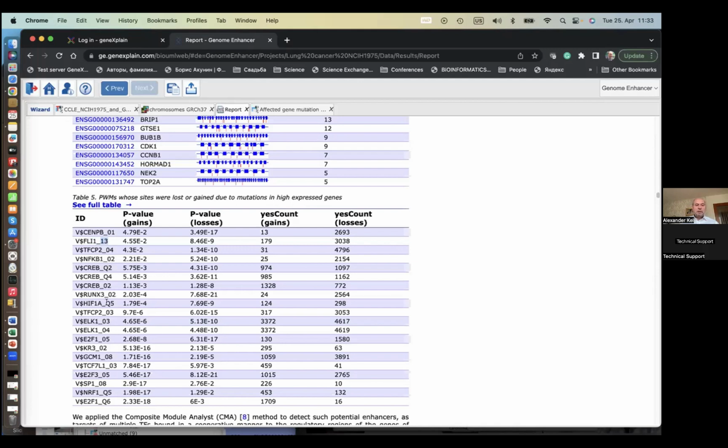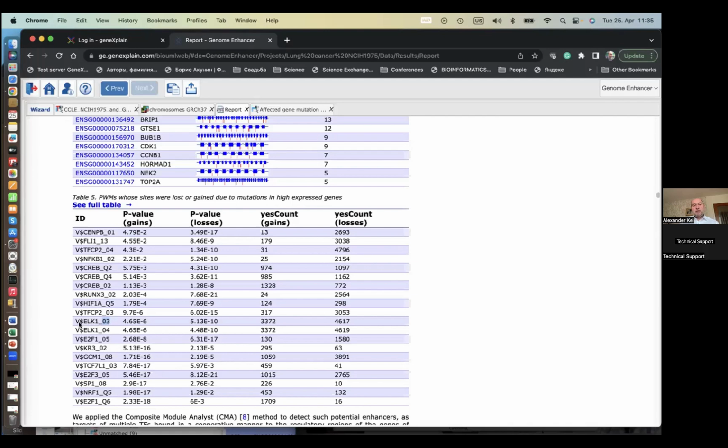Sometimes it has a bit more information, like Q5 means this matrix was constructed by our team, and the construction of that matrix was based on binding sites with quality better than quality 5, which means more or less all of the known transcription factor binding sites. And in fact, if there is just a number, it means this matrix was taken from the literature as it is.